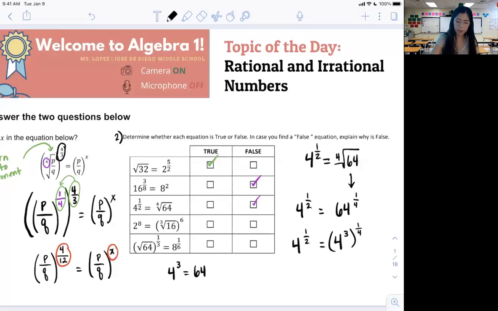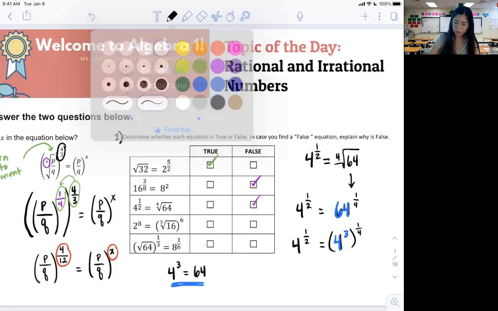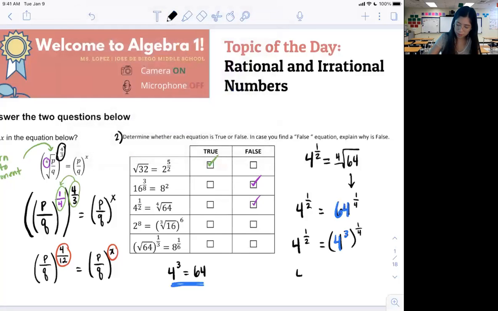So does anyone need me to explain what I just did there? All I did was I turned 64 into 4 to the power of 3, just because that's what it is. And then what should I do between those two exponents? Distribute and multiply.